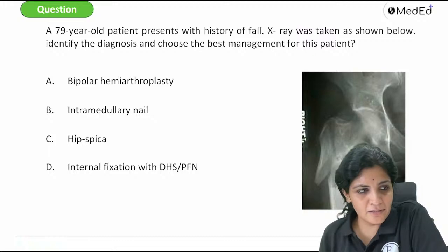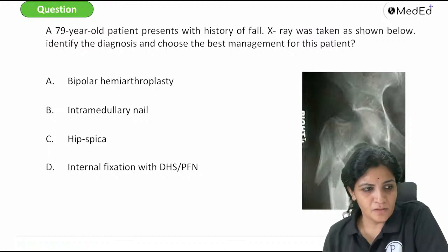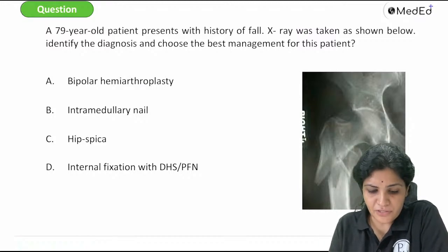What fracture is this? Name of this fracture?